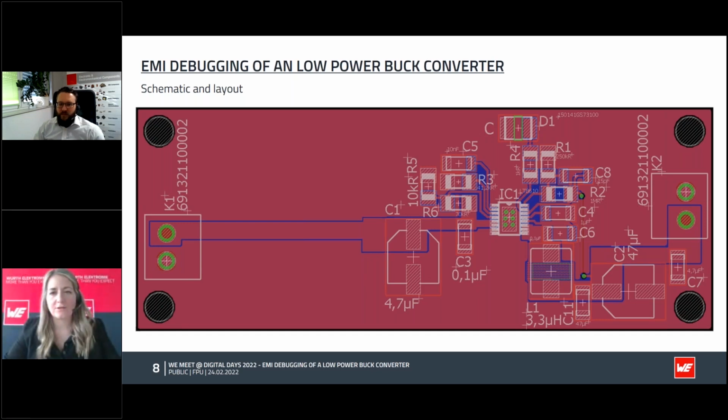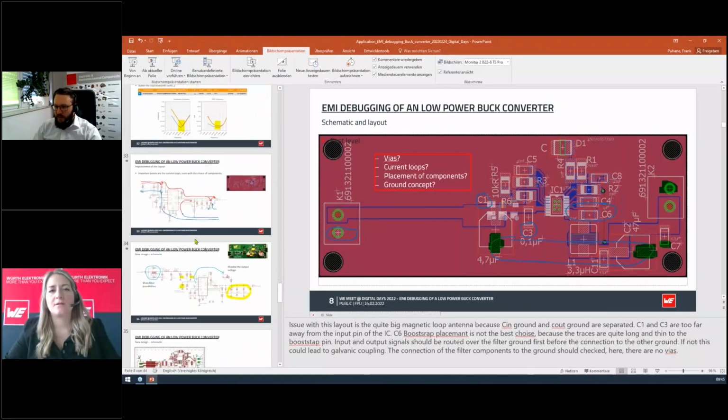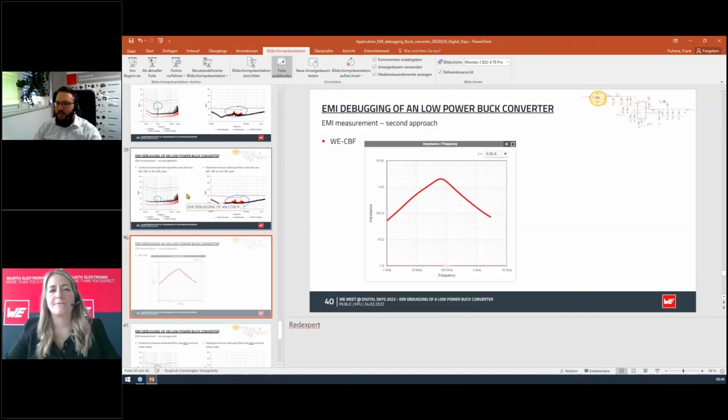Okay, let's just take one last question. On slides 39, 40, 41, what was the name of the ferrite beads? I knew that this question might come up. I don't have the article number here, but I can send it in advance.